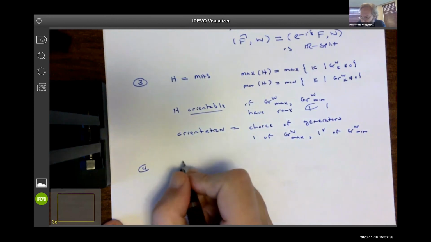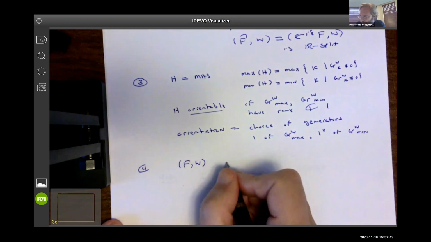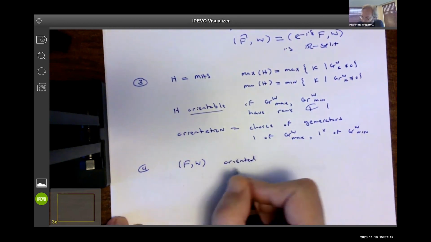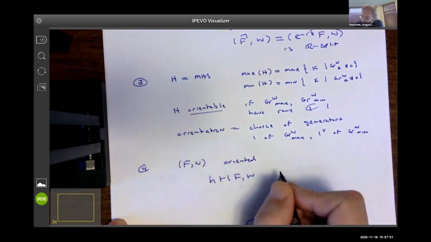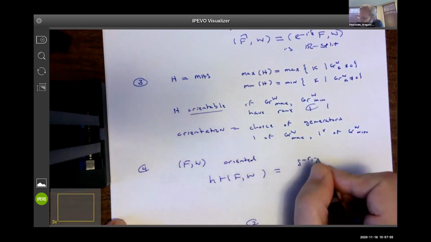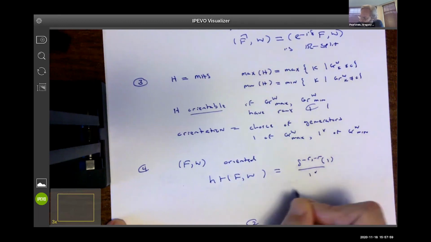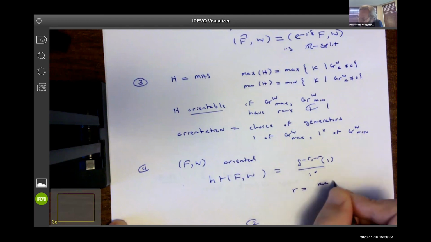And the orientation is you just pick a choice of generators, like 1 and 1 dual, like I was using before. And the last part of this is, if (F, W) is oriented, then the height of (F, W) is just equal to delta minus r, 1 over 1 dual, where r is max minus min over 2.